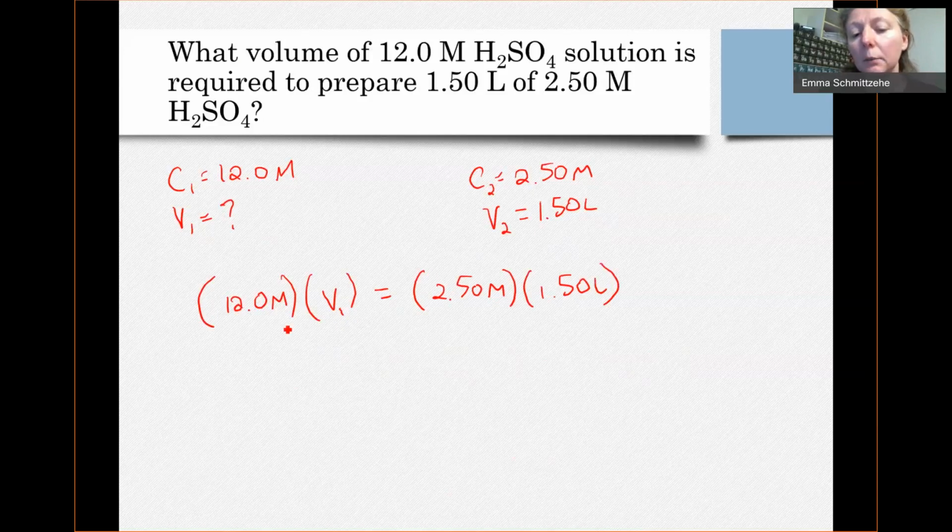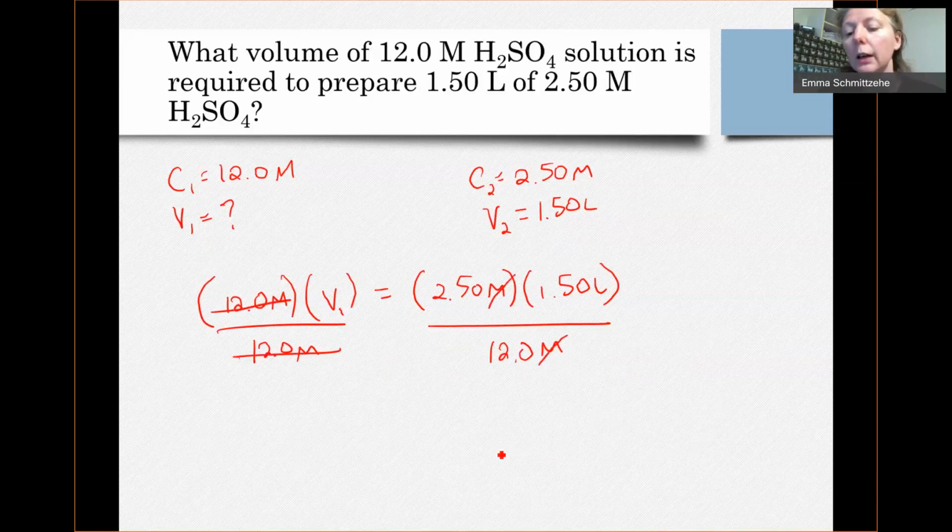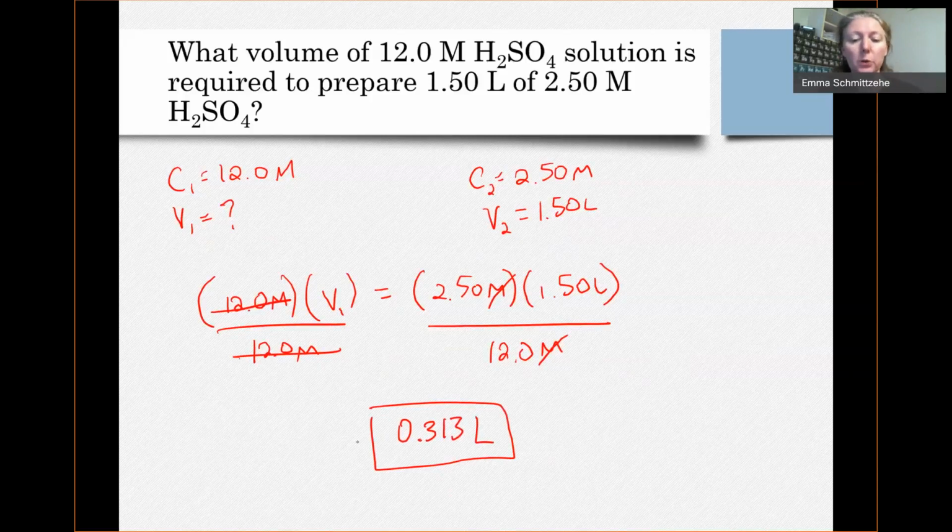And so I can divide my 12.0 molar over. So that cancels with this one, and then the molarity cancels. And so then I'm going to get a volume when I take 2.50 times 1.50 and divide by 12.0. And so all of those are 3 sig figs. My volume should end up in 3 sig figs. So my volume is 0.313 liters.